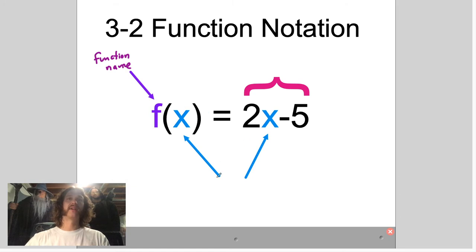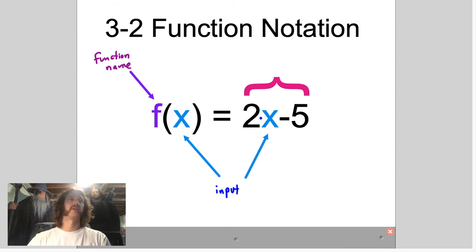The x, this is our input. Just like when we learned about the vending machine, you put in a code, you get something out when you're done. With this, you put in the x, and then it shows up there. Our function takes our input, multiplies it by 2, and then subtracts 5, in that order, right?